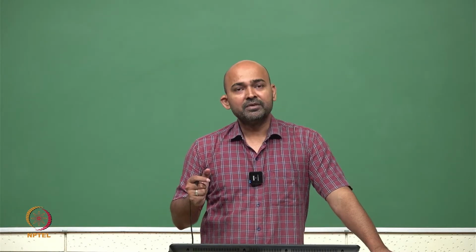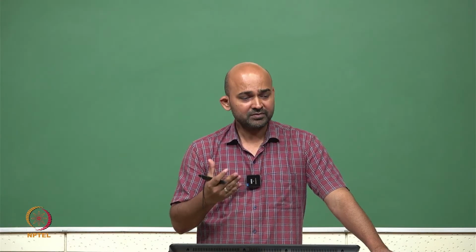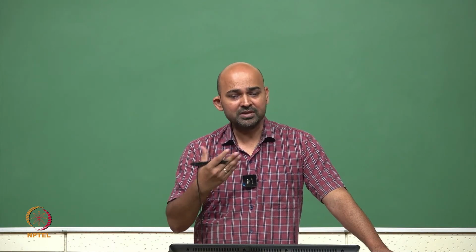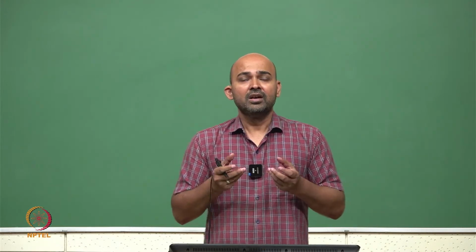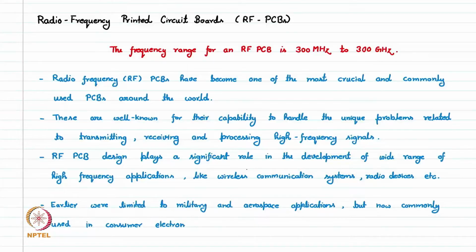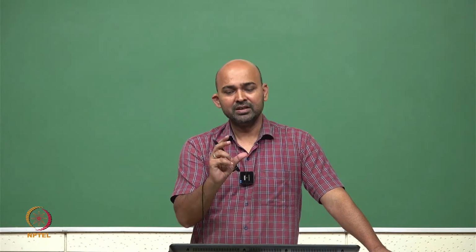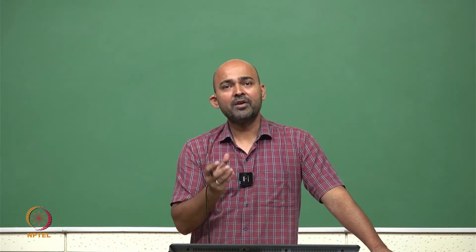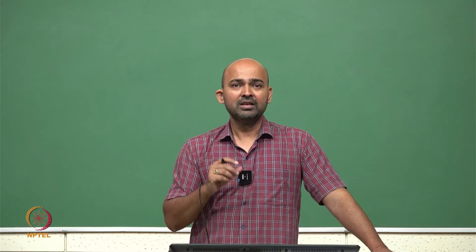So we have some points for RF PCB design. For example, the first point itself is the material selection. Material selection is about what substrate we want to make this RF PCB on. Most of the time when we design a PCB, we see an FR4 based PCB which looks green in color.